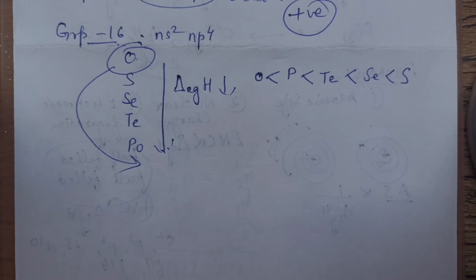Now children, this is an exception. You know that size is small, and till now what we have been doing is, if the size is small, then it should gain electrons readily because it will have more nuclear charge.